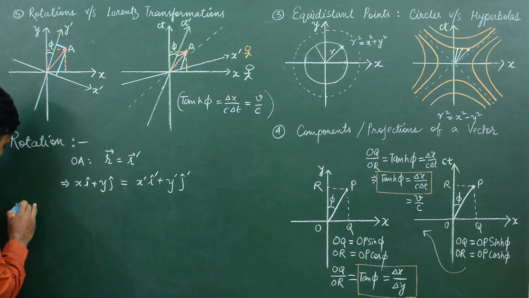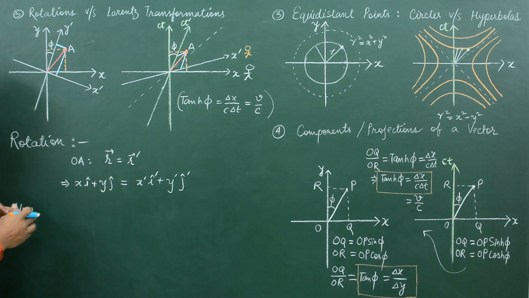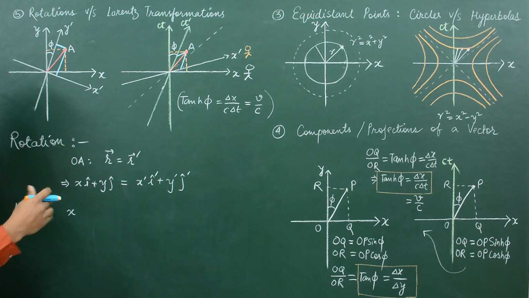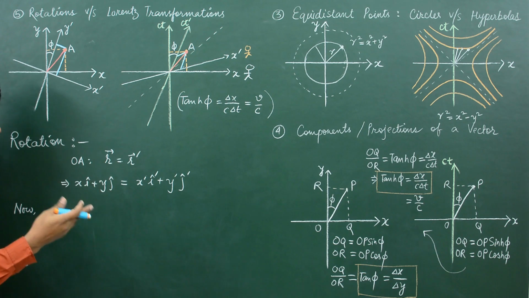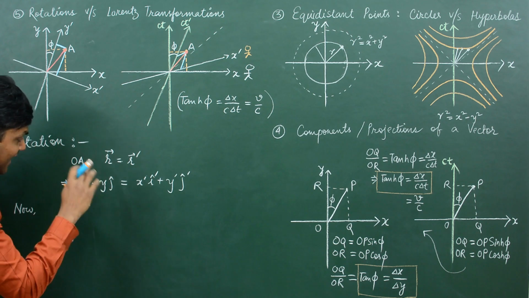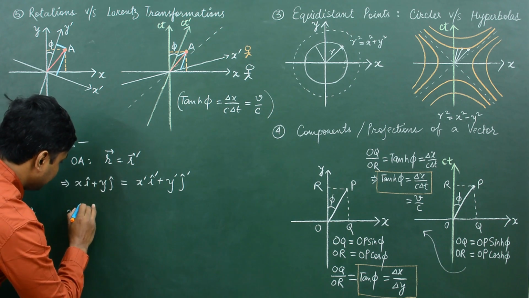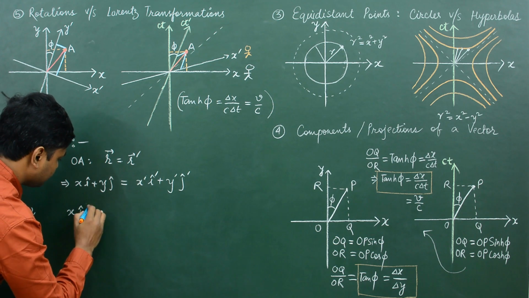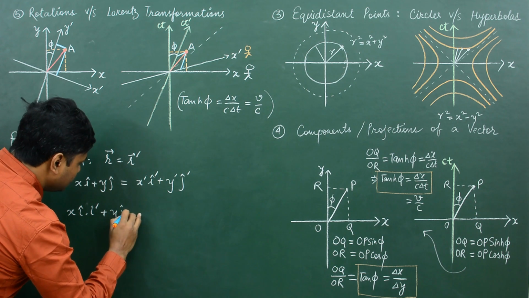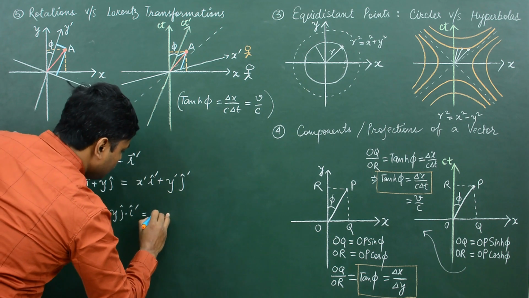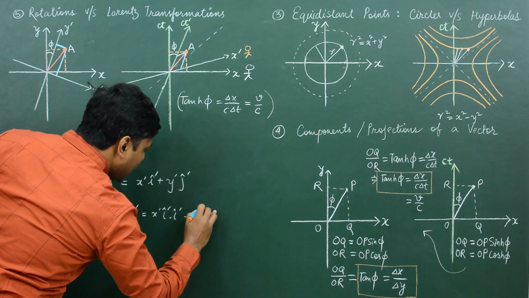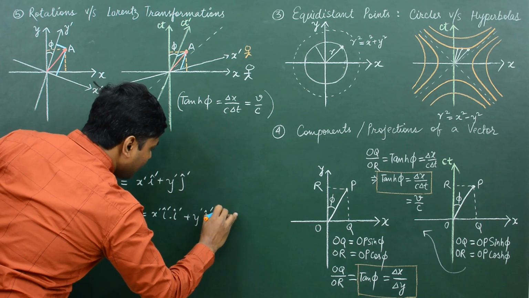Now if I take a dot product, which is the more appropriate term, with i cap dash, then I'll have x i cap dot i cap dash plus y j cap dot i cap dash is equal to x dash i cap dash dot i cap dash plus y dash j cap dash dot i cap dash.